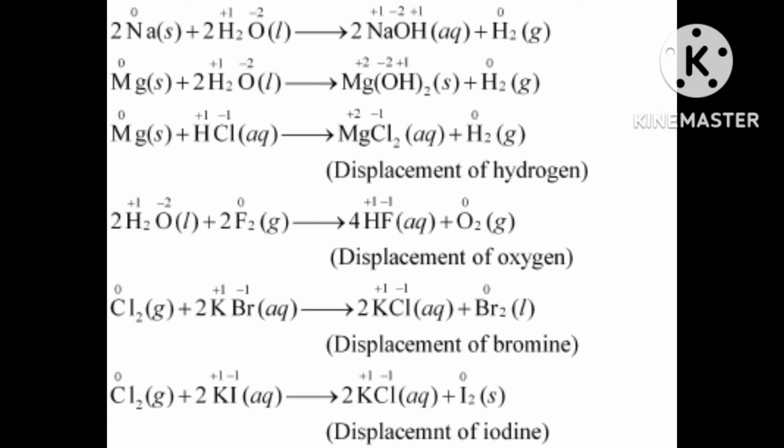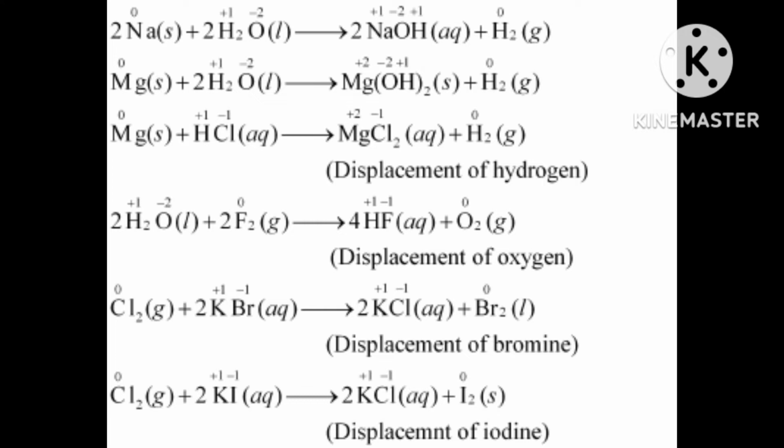Already I have told, oxidizing agent is also called oxidant. Reducing agent is also called reductant. And then their tendency you can compare. Their order is Zn is greater than copper, copper is greater than silver in reducing capacity.